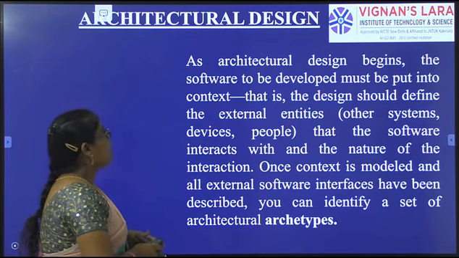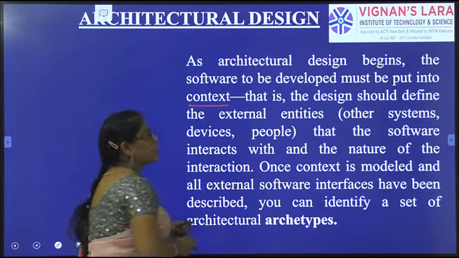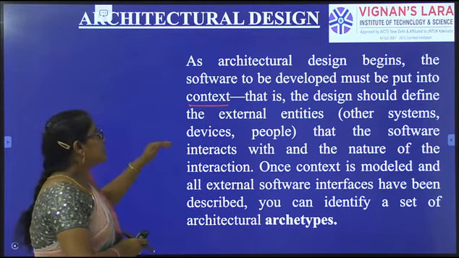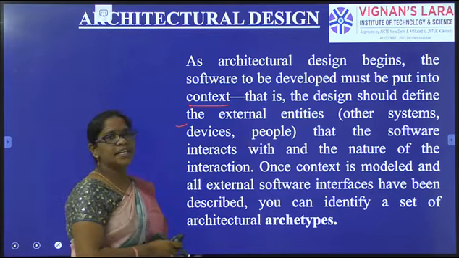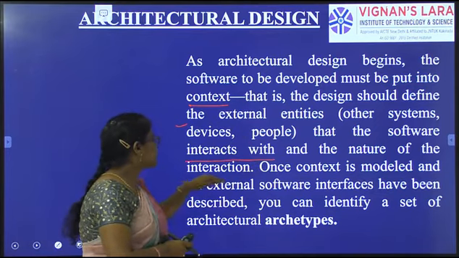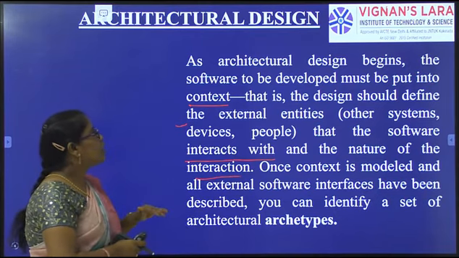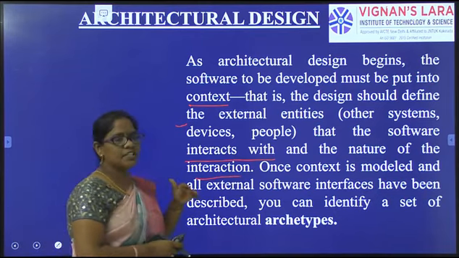An architectural design begins: the software to be developed must be put in context. That is, the design should define the external entities the software interacts with, and the nature of the interaction. So how is the software interacting with external entities?